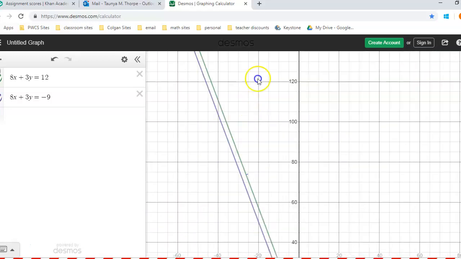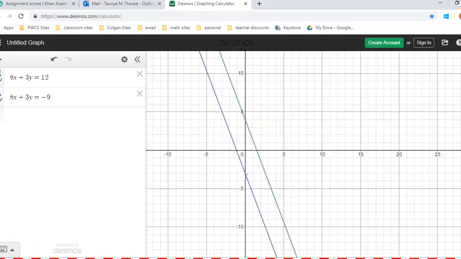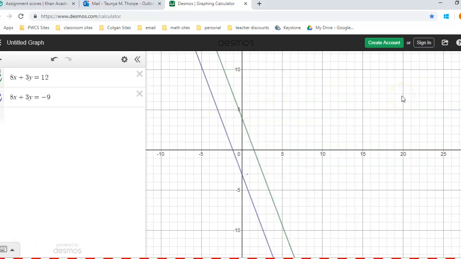Now, I had to zoom back in because I was really zoomed out. What type of solution would this have? They're parallel, so that means no solution.